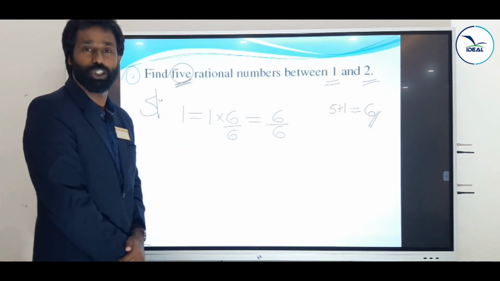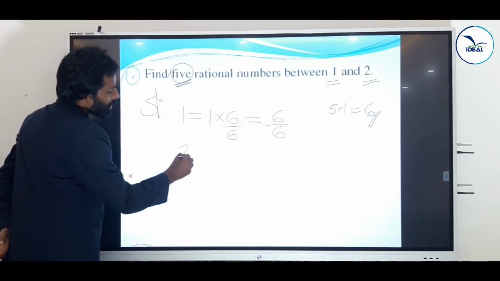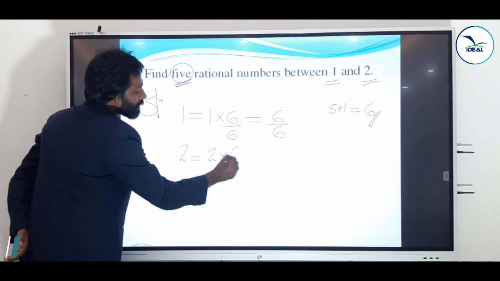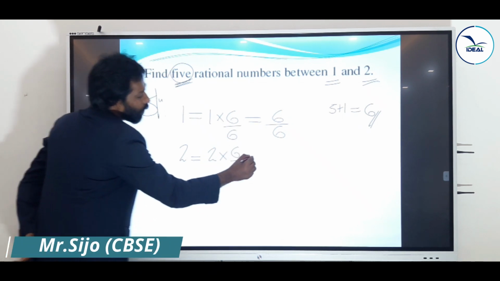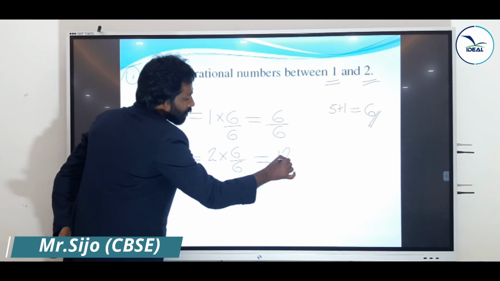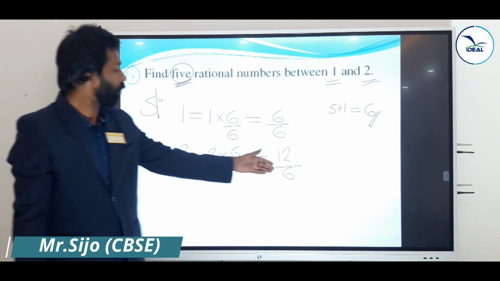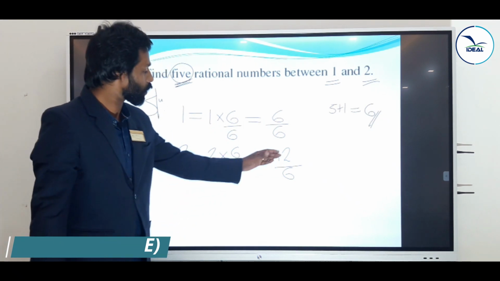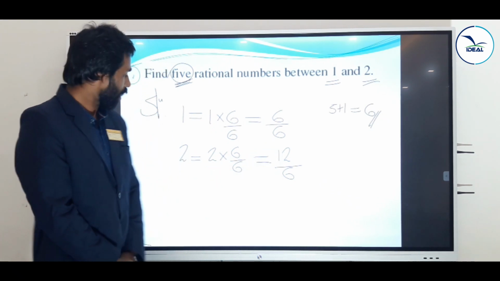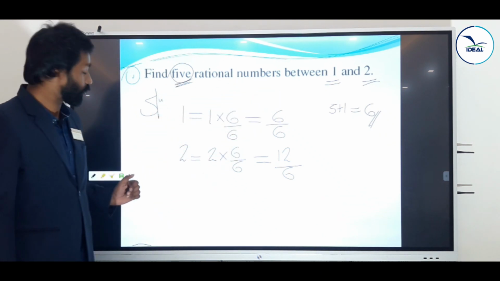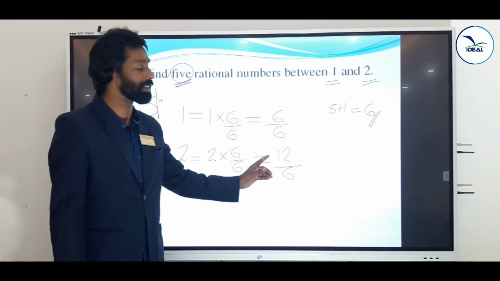Now consider 2. 2 we can write as 2 into 6 divided by 6. What will we get? 12 divided by 6. So 2 we have written in the form of p by q, 12 divided by 6. Now we can easily write 5 rational numbers between 1 and 2, that means in between 6 by 6 and 12 by 6.